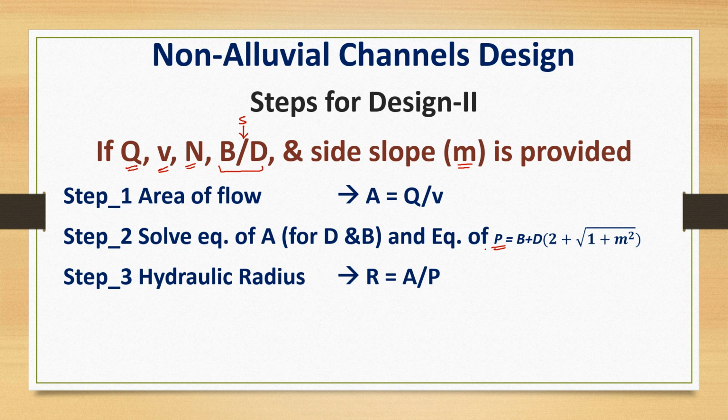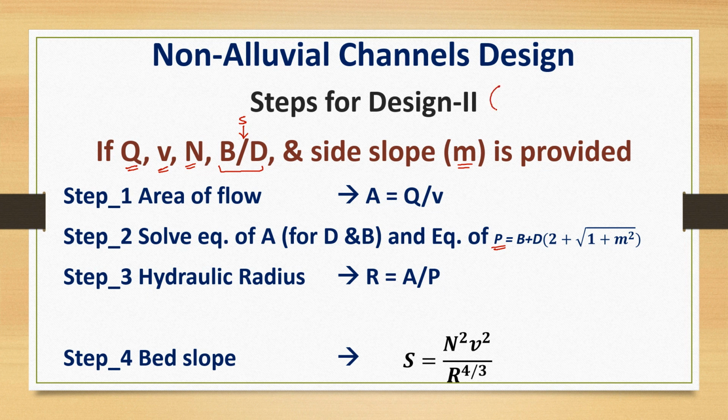Now the hydraulic radius is shifted from step 2 to step 3, and they are interchanged. And for the last step you will determine the bed slope, because the bed slope is missing in the question. So we have three things to calculate. The first is breadth, next is depth, and last is the bed slope of the channel, because it is not given in this question.